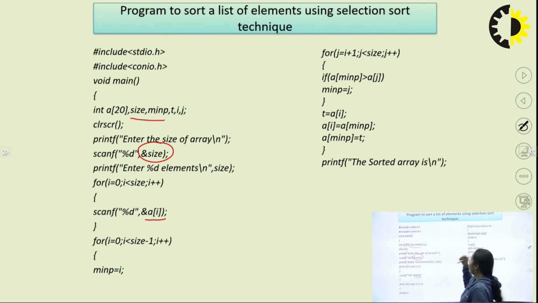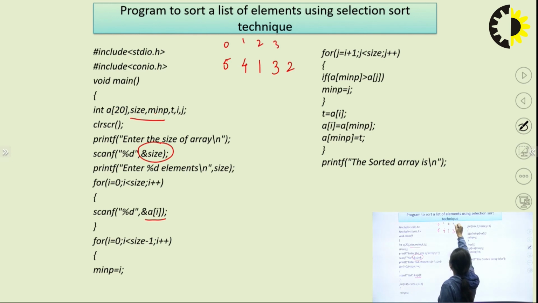So for example, consider the list 5 4 1 3 2, entered by the user, with positions 0 1 2 3 4 as the index values. So i is initially 0, which means this is minimum.